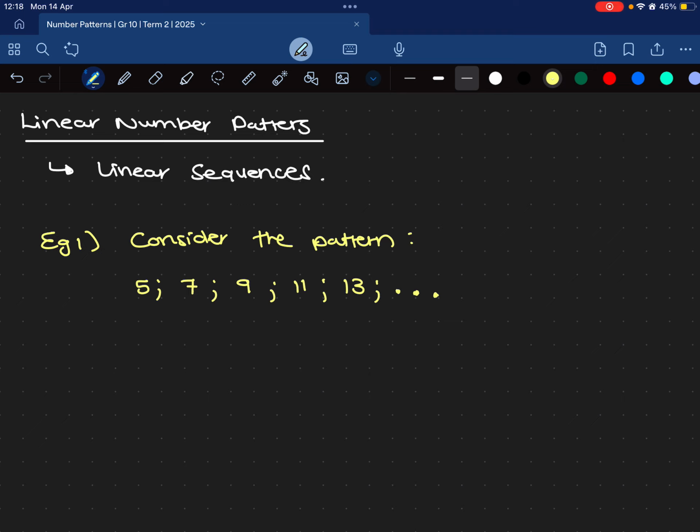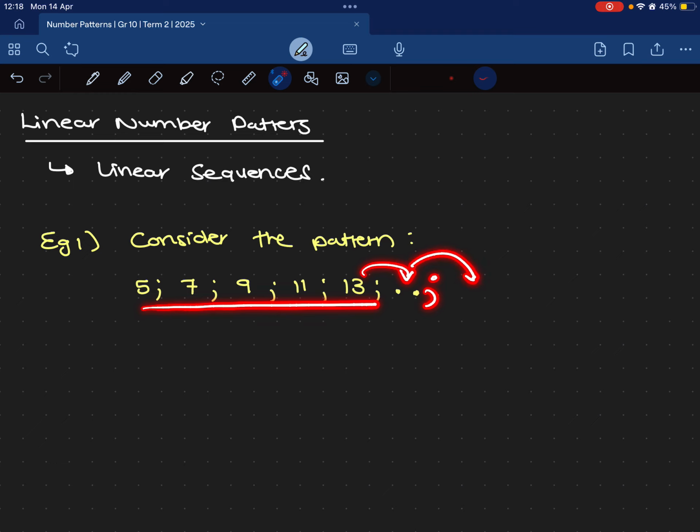So I want you to pause and take a moment and try and figure out what the next values will be in the sequence. Look at the values that we have and then think, okay, what would come after 13? And then what would come after that? And so on.